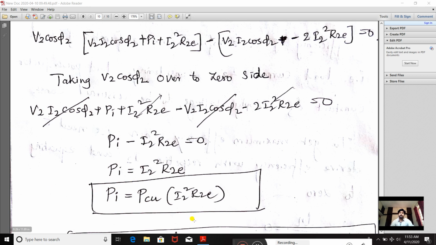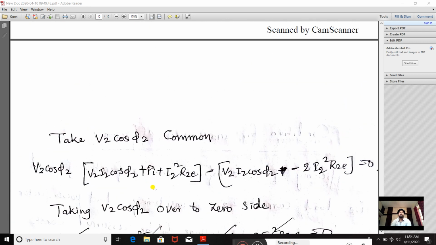For our syllabus, we should know that when copper loss becomes equal to iron loss, the efficiency of the transformer will be maximum. But if I explain only this much, you will not be able to understand how iron loss becomes equal to copper loss. Hence I have done this derivation.